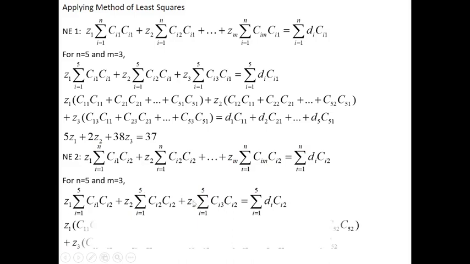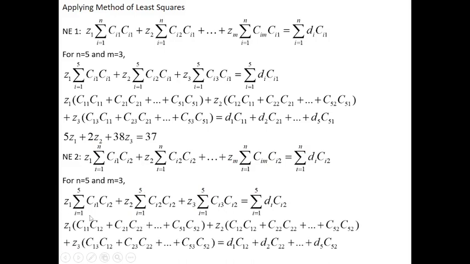And then this will be the simplified for the expanded form. C11, C12, hanggang C51, C52. Then ito naman, C12, C12, C22, C22, hanggang C52, C52. Then ito naman, C13, C12, hanggang C53, C52. Then ito, D1, C12, D2, C22, D5, C52. Okay, that's it.